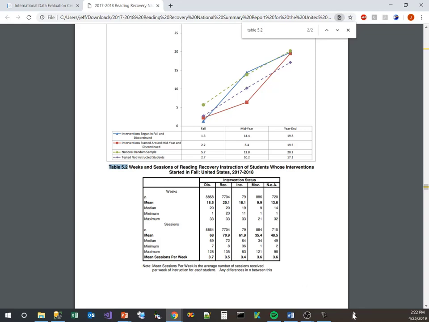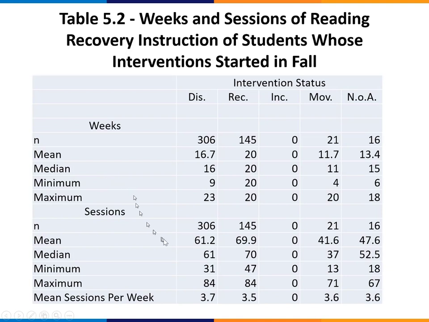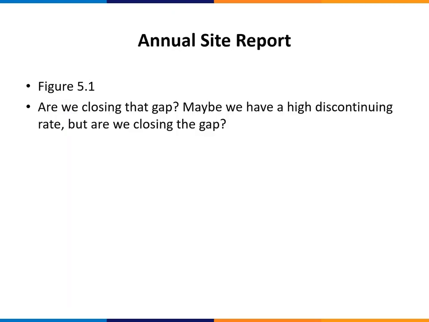That's pretty good. All right, let's go back to our data. About 61 lessons. So that is table 5.2. It gives you a sense of how your hardest to teach first round kids are doing, and you can compare that to our national data.